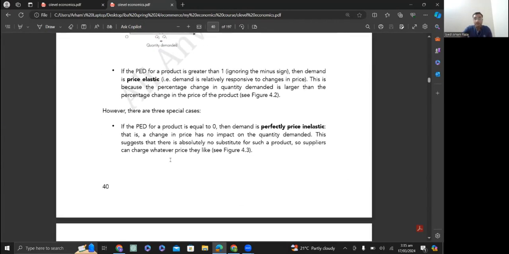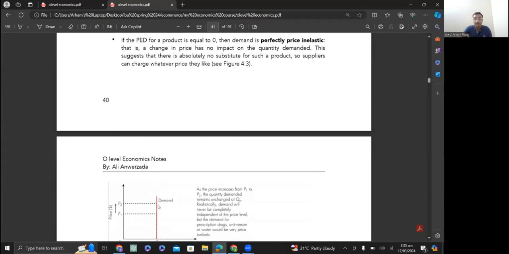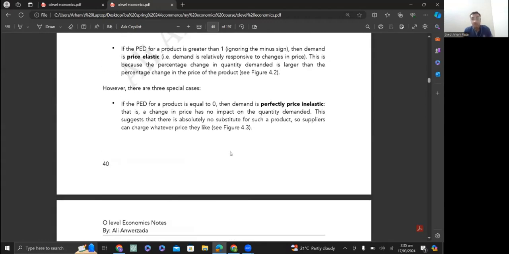Now there are special cases where your product might be perfectly price inelastic, which means that the graph will be parallel to your vertical axis. This means that whenever there is a perfectly price inelastic good, there will be no substitute for such a product, so the supplier can charge whatever price they like.